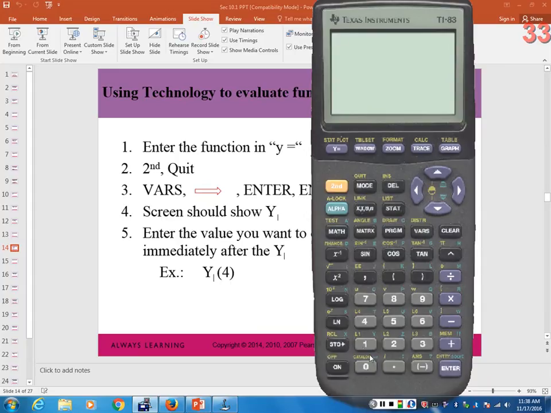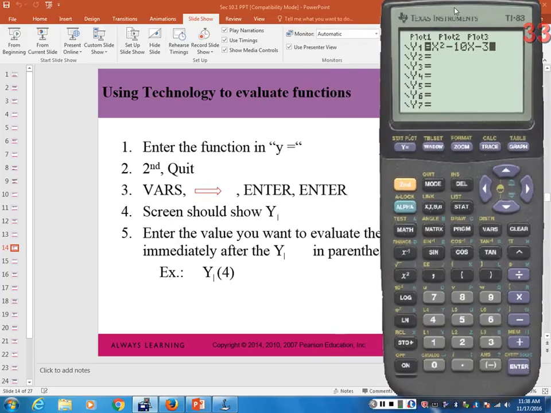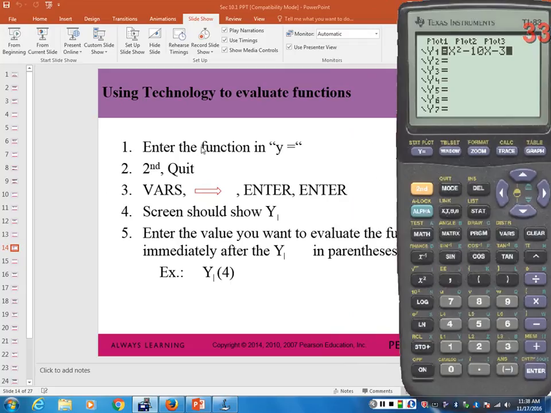The first way is to go to your y equals and put in the rule for the function, which was x squared minus 10x minus 3. So we've entered the function at the y equals.